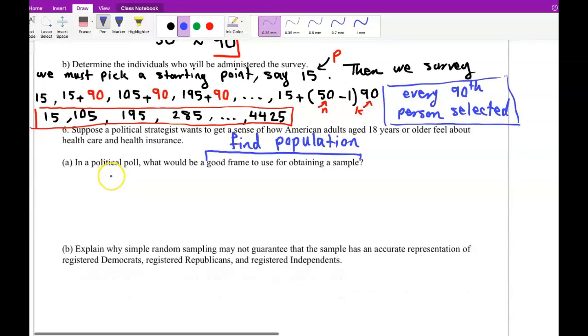A good frame would be all registered voters who have voted in the past few elections, since they are more likely to vote. So we can have that one for our population.